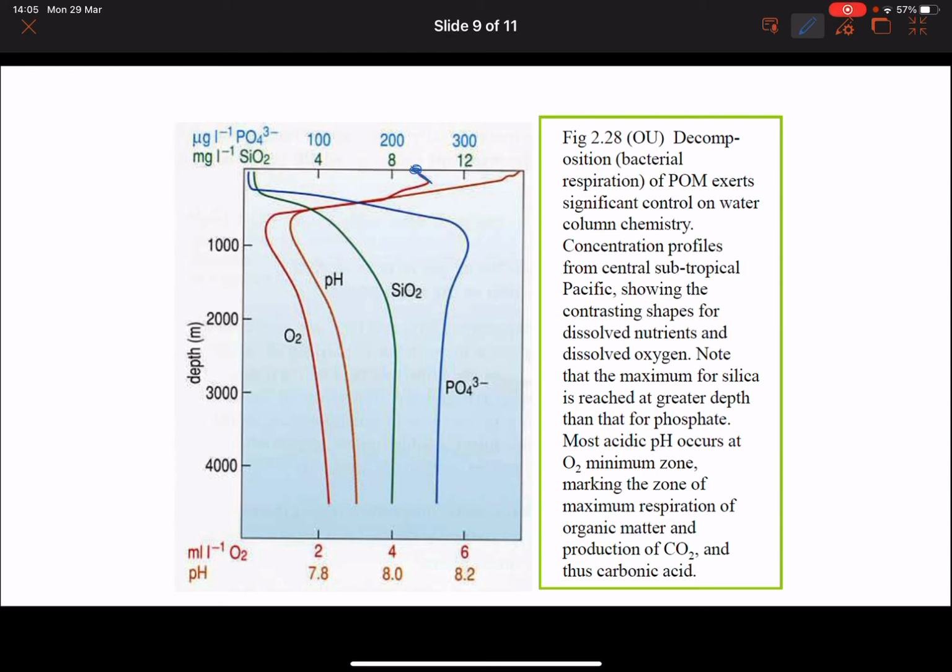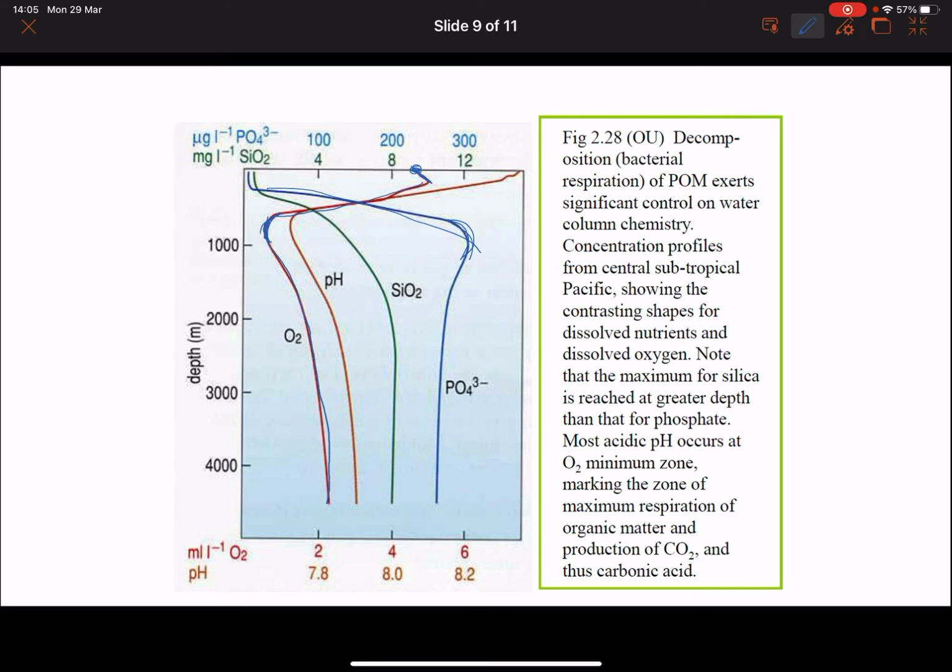But then at the same place where the nutrients start to regenerate, where they start to increase, the oxygen starts to go down. And you end up with this oxygen minimum where you end up with that maximum there. And that's because all this oxygen is being consumed to do respiration. And so that's why your oxygen values are much lower in the deep ocean than they are in other parts of the ocean.